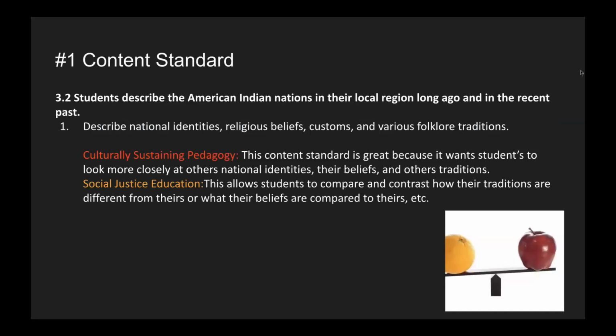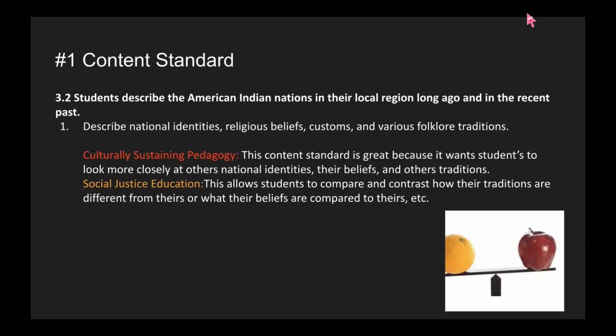Here I have my first content standard, which is what I'm using for my group: students describe the American Indian nations in their local region long ago and in the recent past. It says describe national identities, religious beliefs, customs, and various folklore traditions.